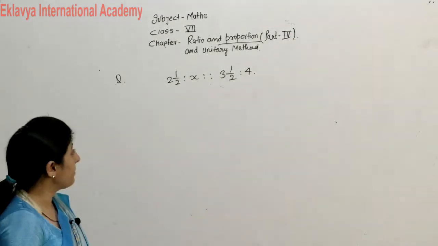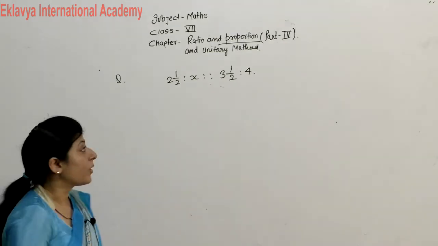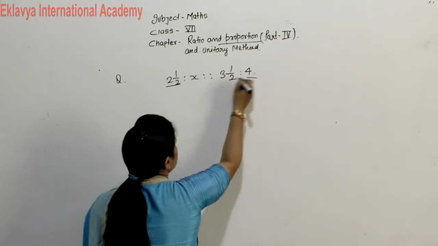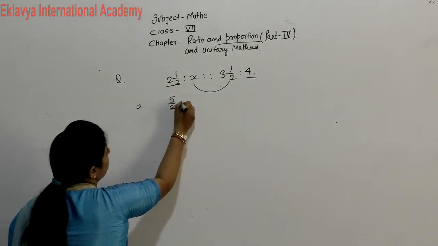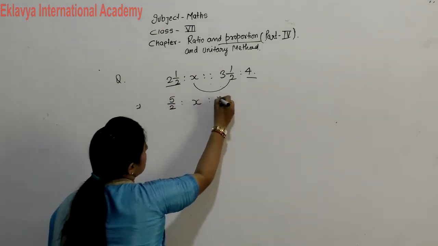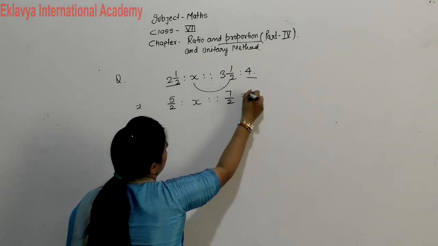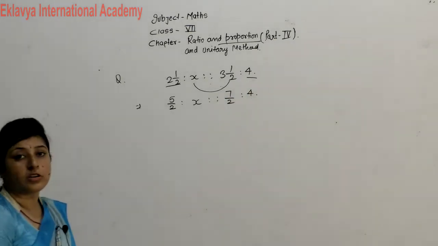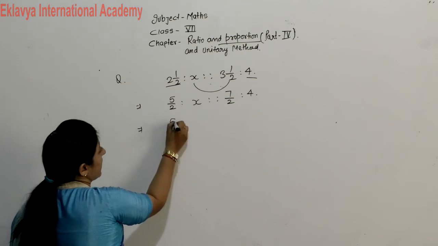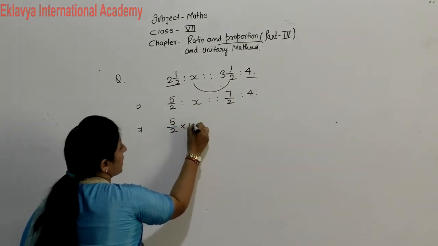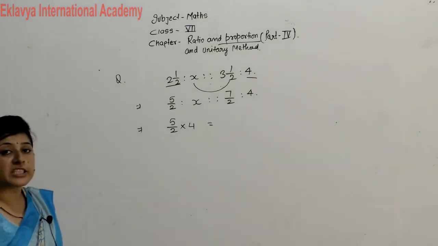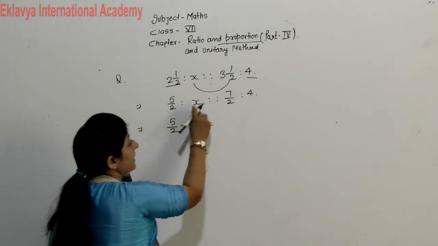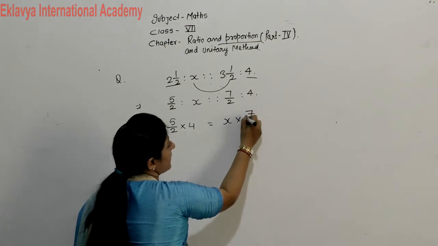Same thing we will apply, product of extremes equals product of means. Firstly change it: 5 by 2 ratio x, 7 by 2 ratio 4. Now solve it. Firstly write down your formula, product of extremes is equal to product of means, then x multiplied by 7 by 2.